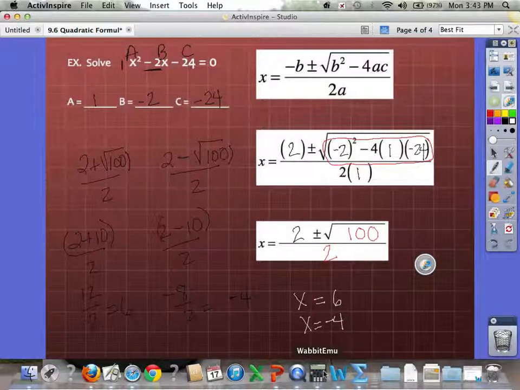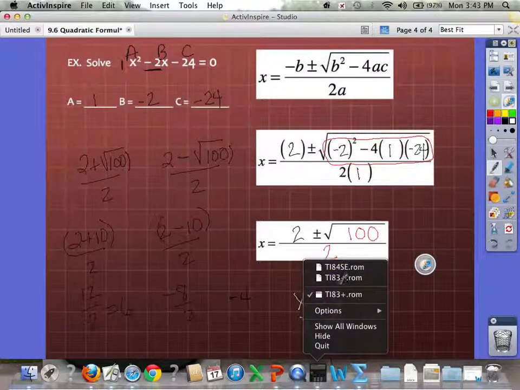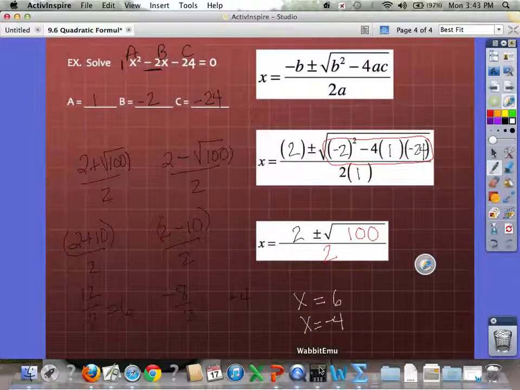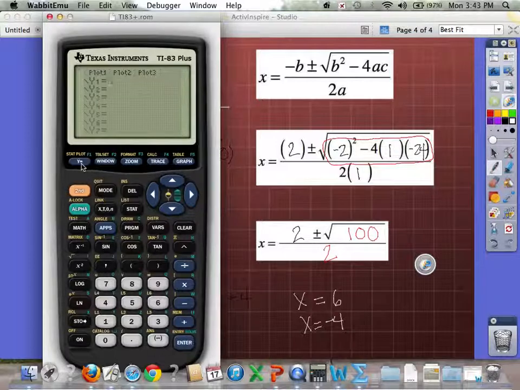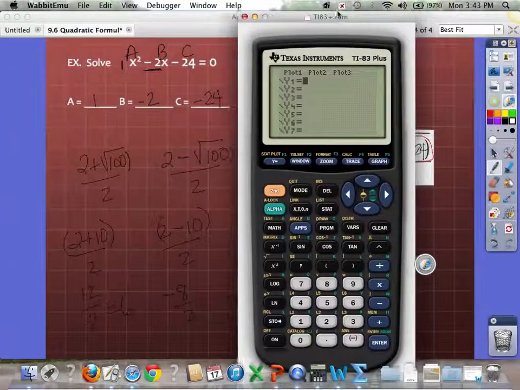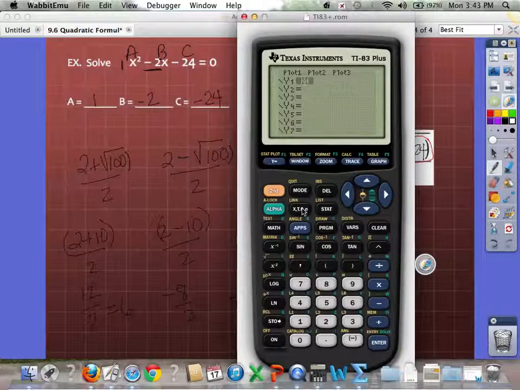So let's go back to our calculator, and we'll show you what that does. Okay, on this particular one, I'm going to type in graph x squared minus 2x minus 24.